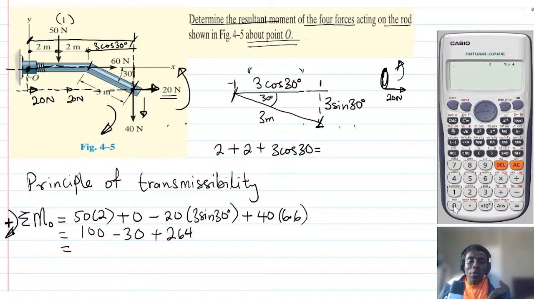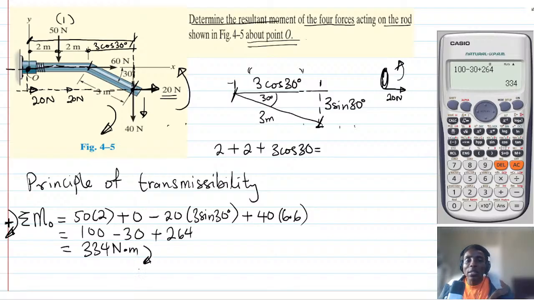So 100 minus 30 plus 264. So the actual answer is 334 Newton meter. And the fact that it's positive means the resultant is going to be clockwise.